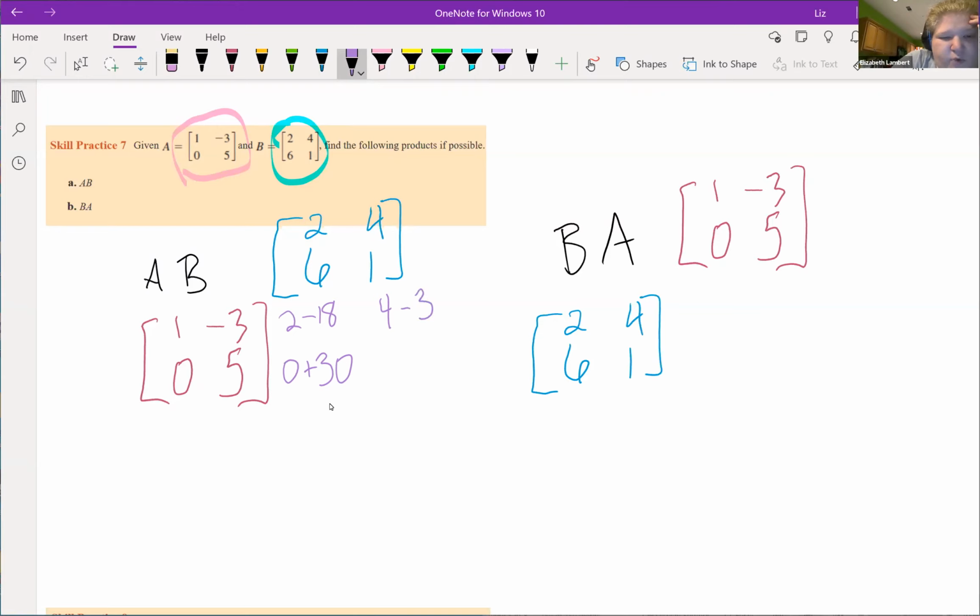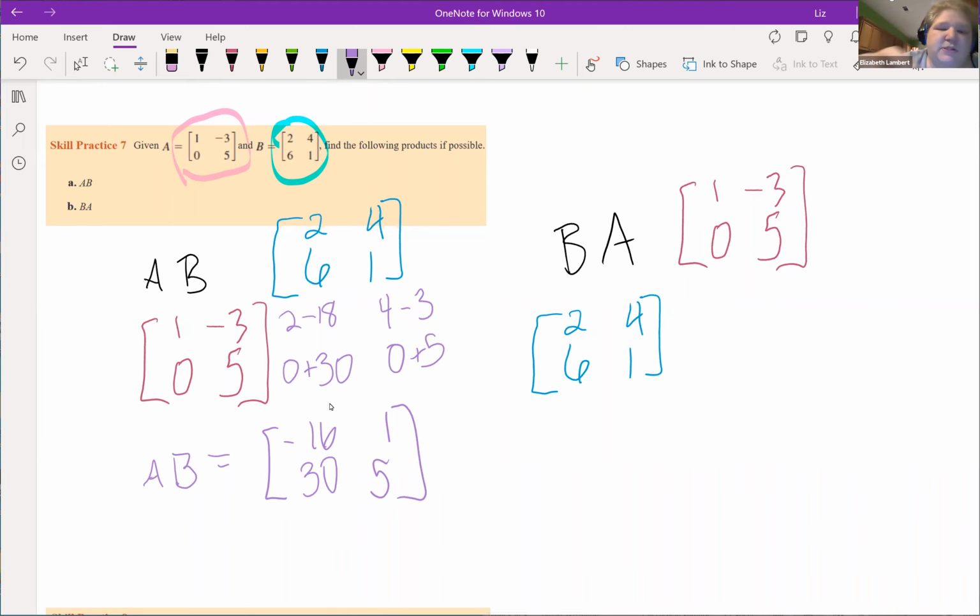And 4, 1 crashes through to the 0, 5. 0 plus 5. Okay, so AB is -16, 1, 30, and 5. So I read that row and then row.